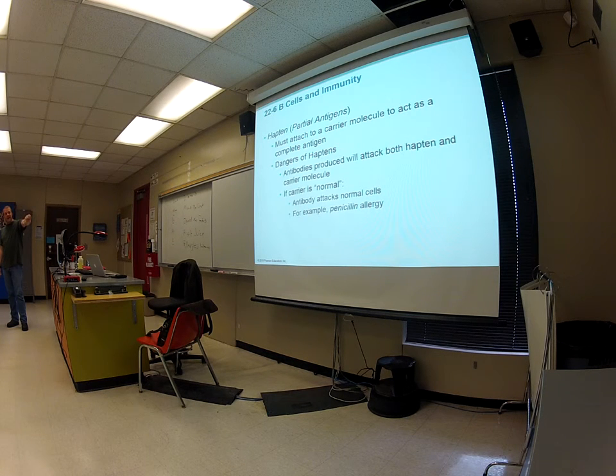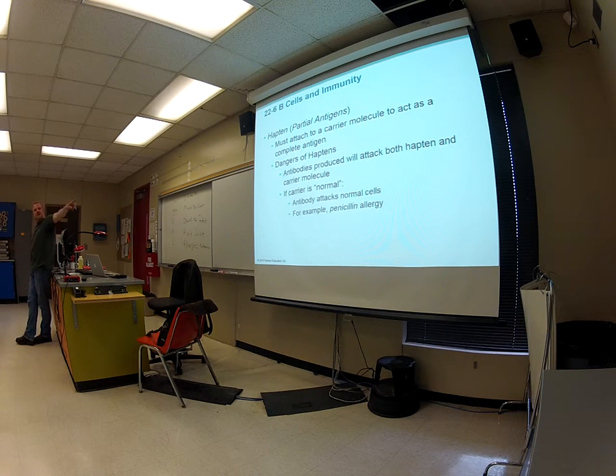Dangers of haptens. Antibodies produced will attack both hapten and carrier molecule. If the carrier is normal, the antibody attacks the normal cell. For example, penicillin allergies. Pretty much, you might as well just say allergic reactions, and hence the reason why they ask, are you allergic to anything?